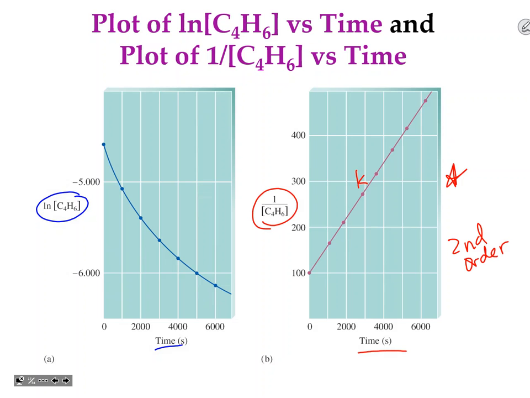Now, the slope is also still K. In this case, because this one has an increasing trend, you don't have to have the negative sign in front of the K. The slope still equals K, and you can figure it out from the graph if necessary.